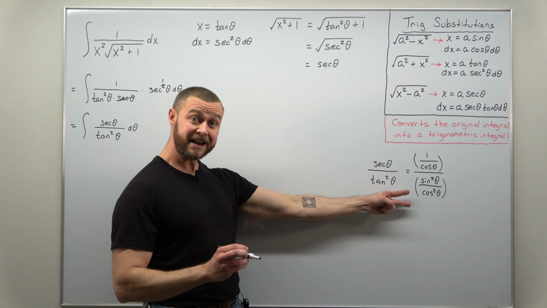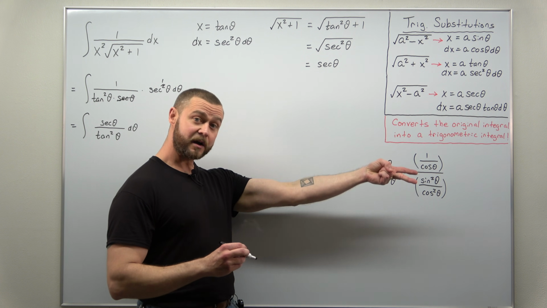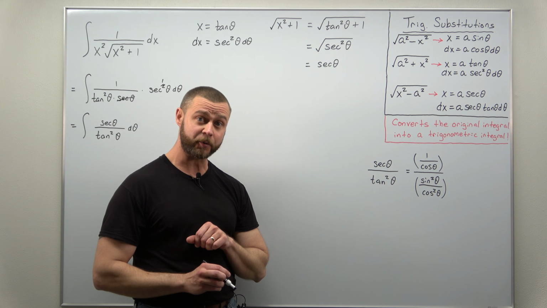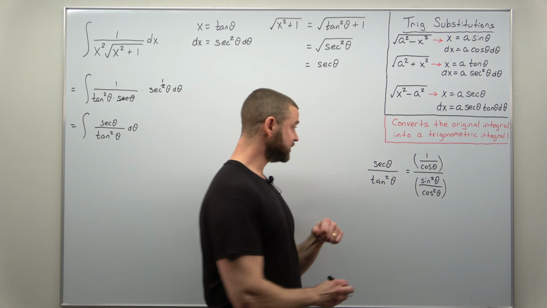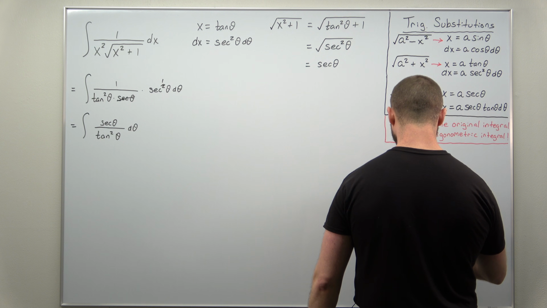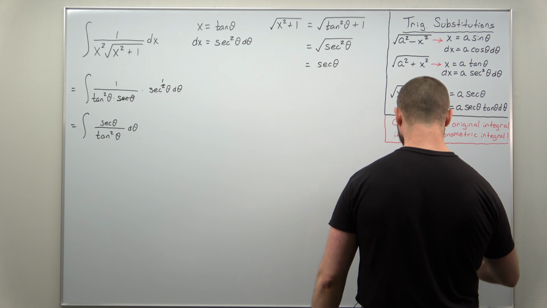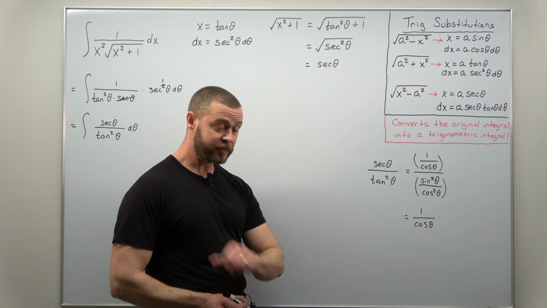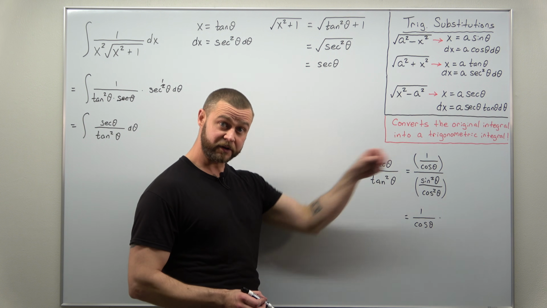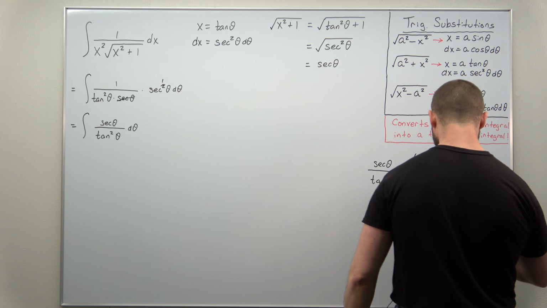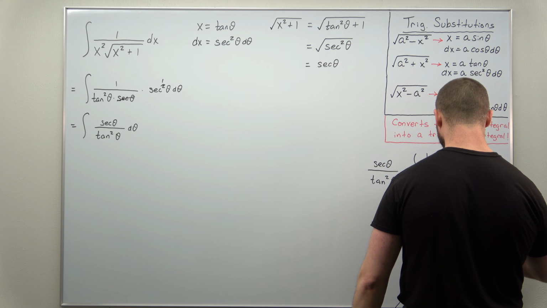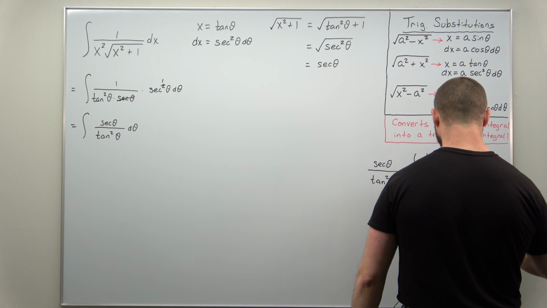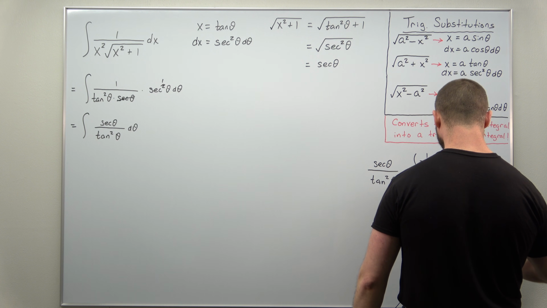Since we are dividing by a fraction, it's going to be equivalent for us to multiply by the reciprocal. So we're going to keep the numerator the same, 1 over cosine of theta. But now we're going to multiply by the reciprocal. We're going to flip what we're dividing by. We're going to be multiplying now by cosine squared divided by sine squared.